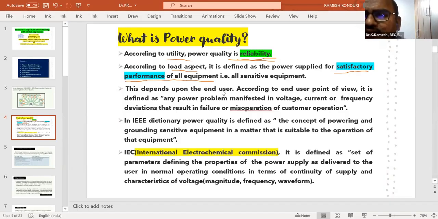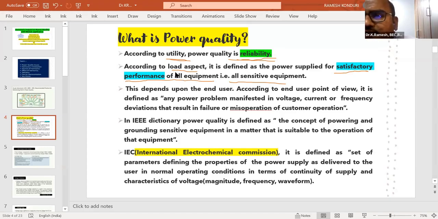All the sensitive equipment should be satisfactorily operated as per the load point of view. So from different views, power quality finds its own definitions in different manners. From the utility point of view, it is the reliability.